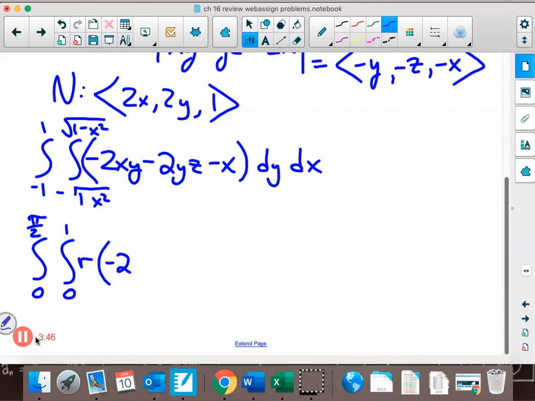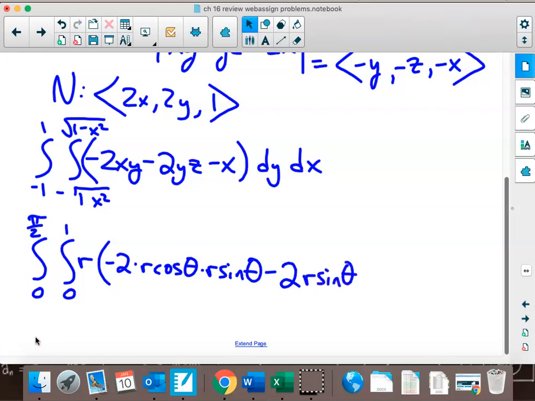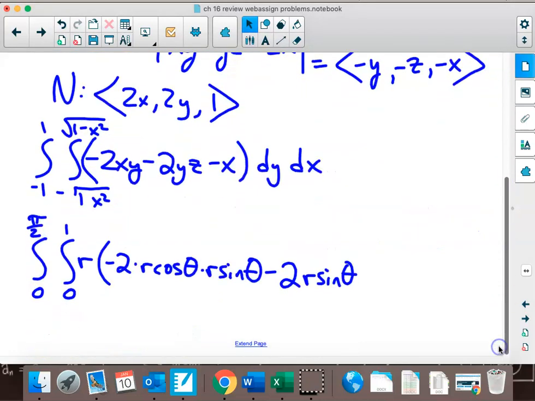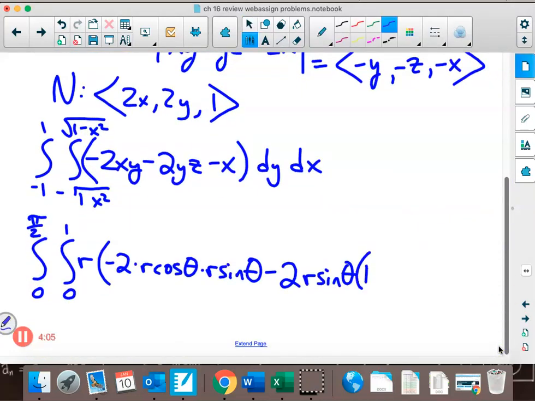So negative 2 times r cosine theta times r sine theta minus 2 times r sine theta, and then z is 1 minus r squared. So times 1 minus r squared, and then minus r cosine theta, dr d theta.